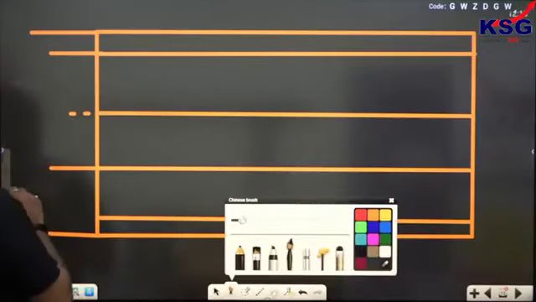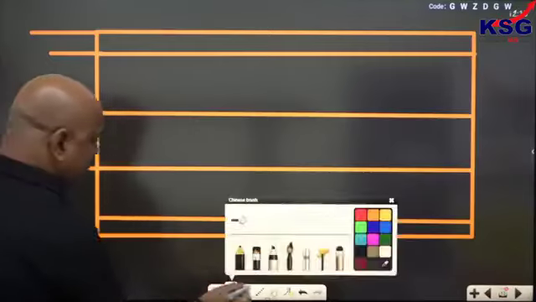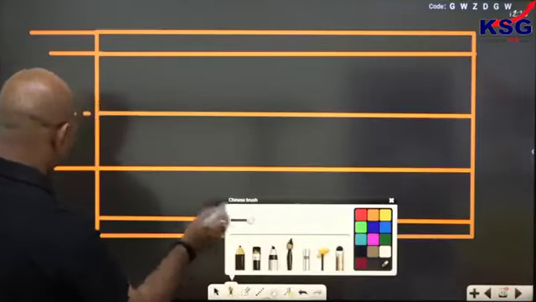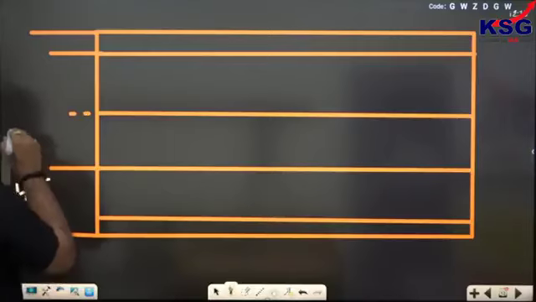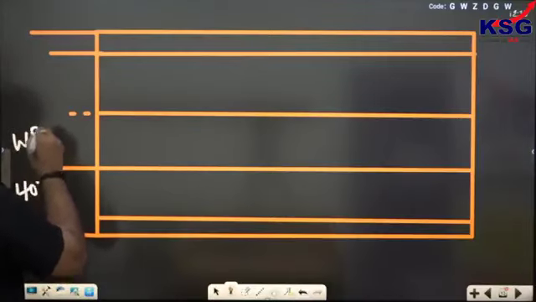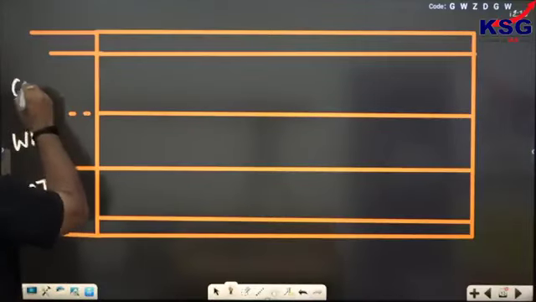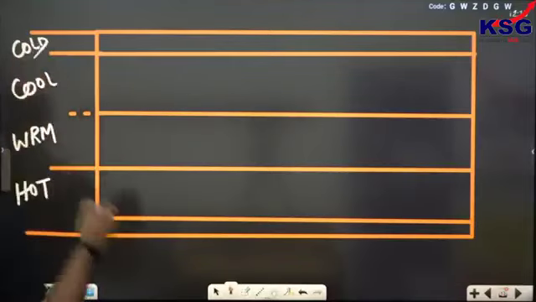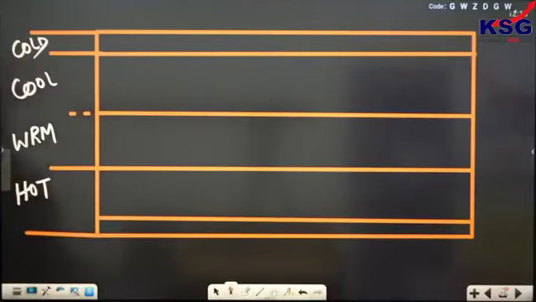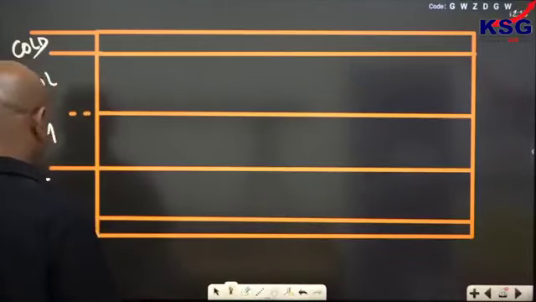we know that this is the regions, this is hot, warm, cool, cold. यही तो बोला था मैं, hot, warm, cool, cold. Okay.